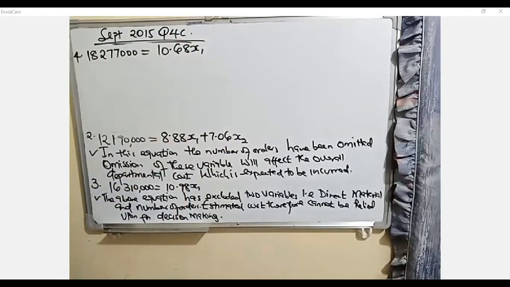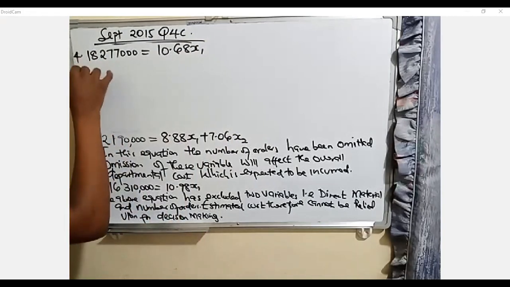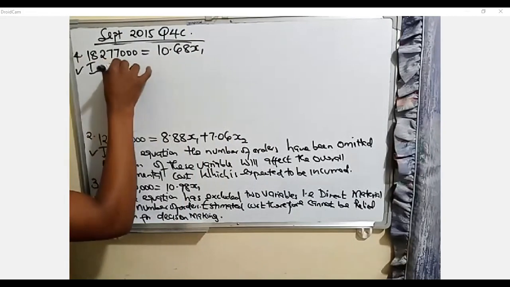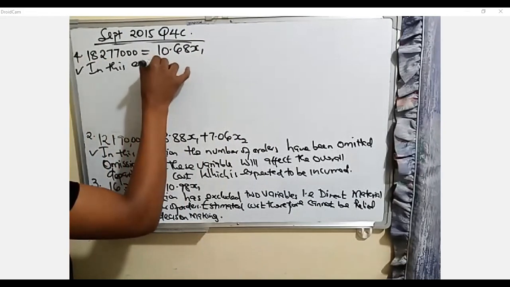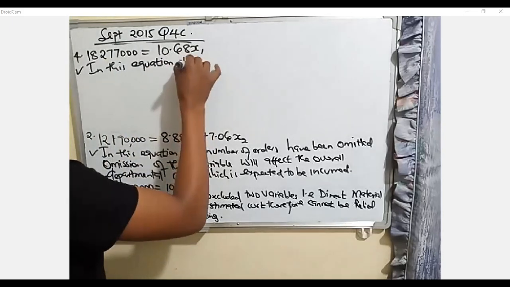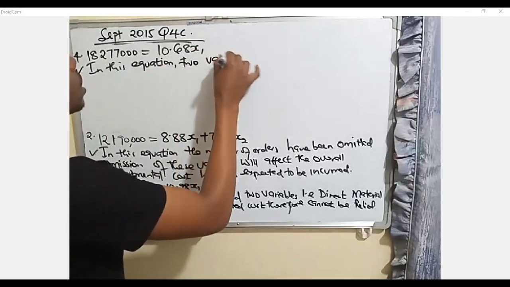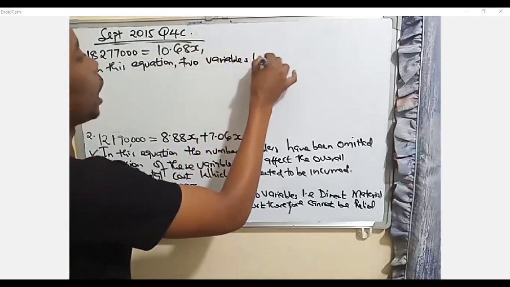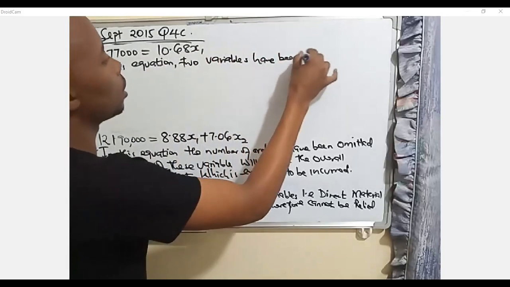So you can just say, in this equation, because you just want to be looking the same, two variables have been omitted.